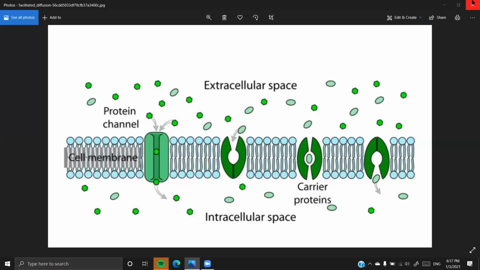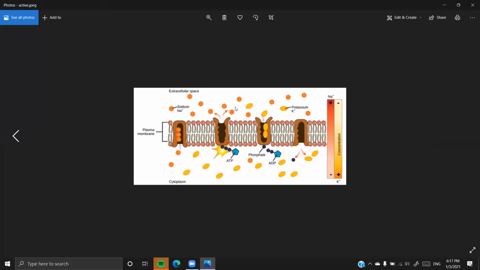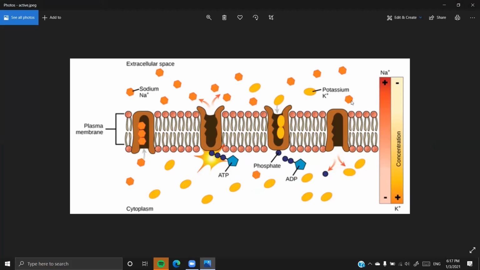And the next thing that I would like to show you, children, is another procedure which is called active transport. In the active transport that we are seeing here, the example is the sodium potassium pump.